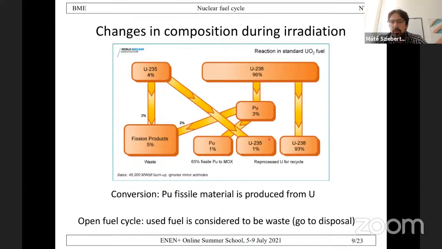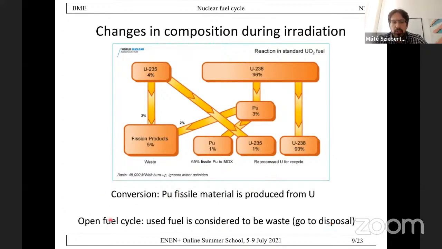And at the end, in the fuel, you have about the same amount of plutonium and uranium-235, but you have to note that the plutonium has only 65% of fissile plutonium content, so plutonium-239 and also 241. This process is called conversion.